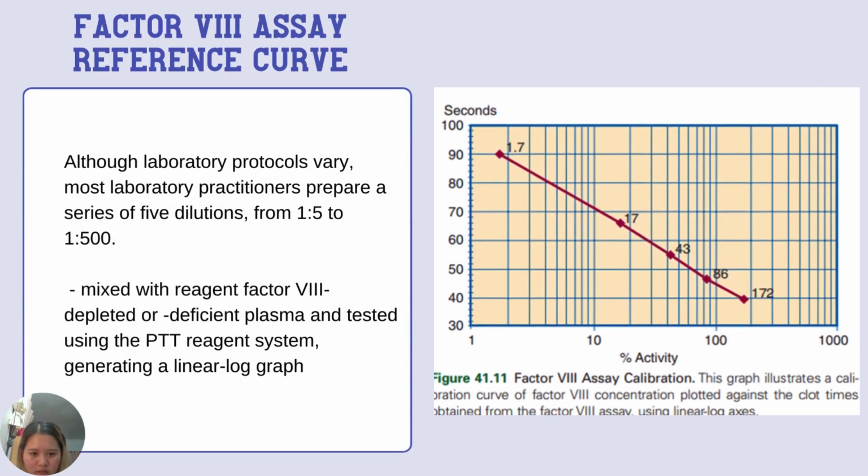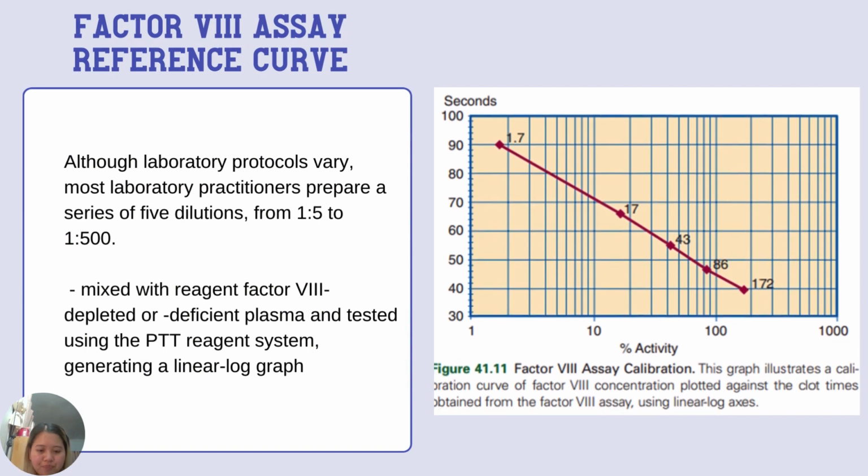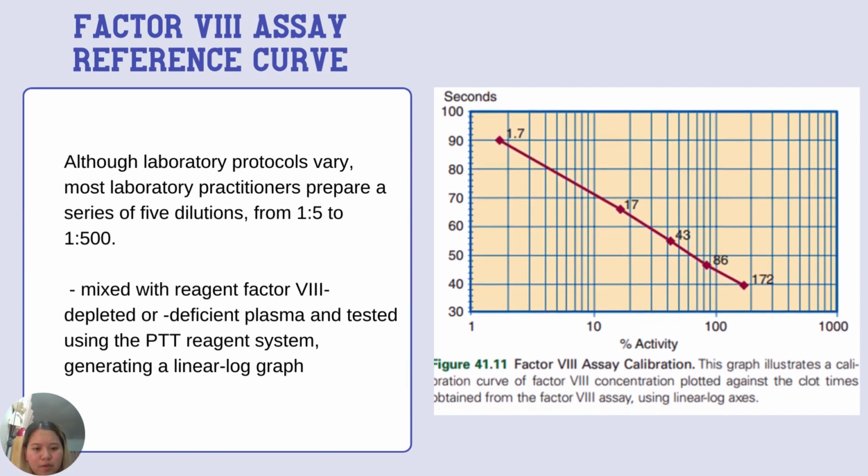For factor 8 assay reference curve, although the laboratory protocols vary, most laboratory practitioners prepare a series of 5 dilutions from 1:5 to 1:500, mixed with reagent factor 8 depleted or deficient plasma and tested using the PTT reagent system, generating a linear log graph.